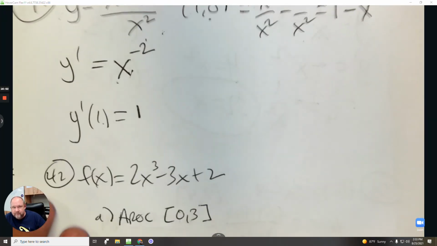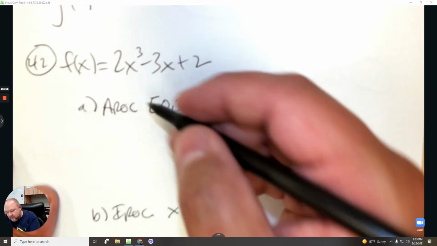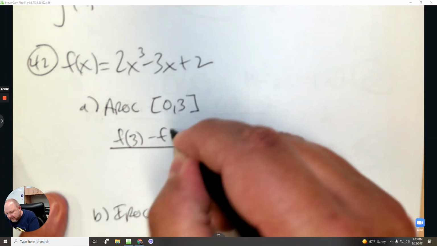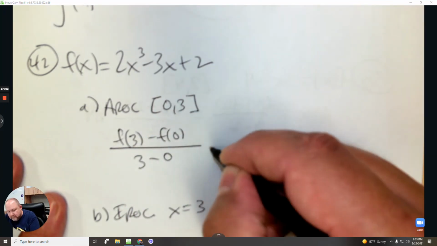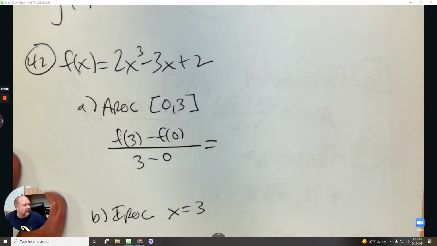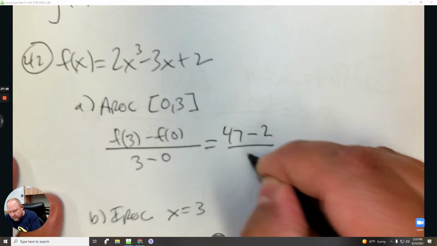42. Find the AROC of that. So that's f at 3, subtract f at 0 over 3 take away 0. Plug in 3, and you get the answer 47. Plug in 0, and you get 2.